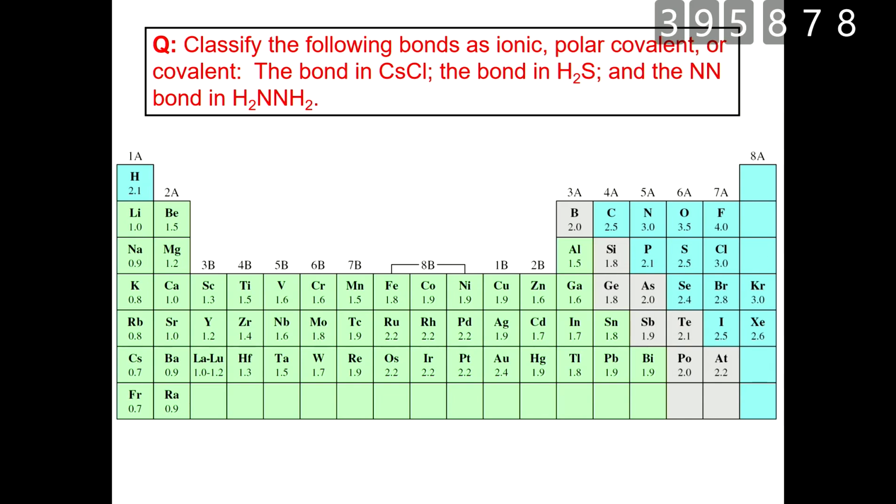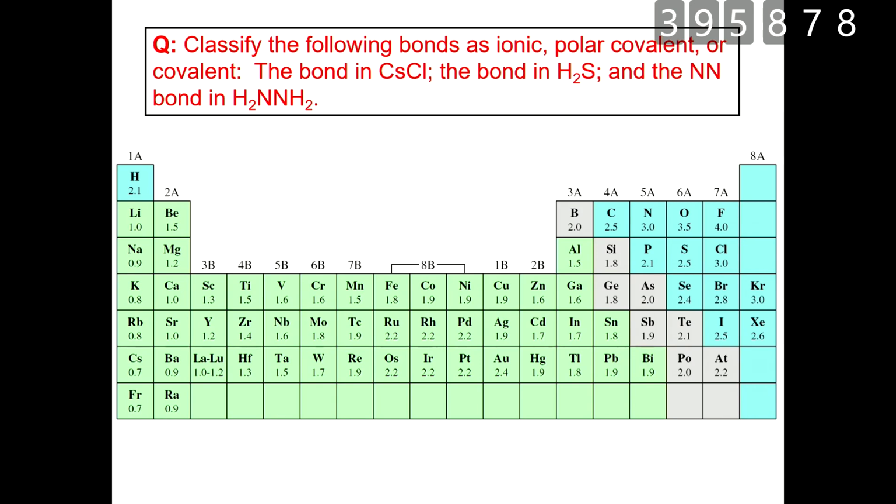Second one, H2S. What's the difference between H and S? Hydrogen is 2.1, sulfur is 2.5. So the difference is 0.4.